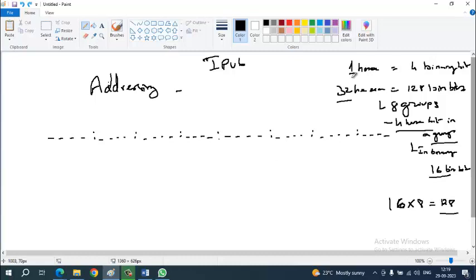How is 1 hexa 4 binary? Because 1 hexa can be 0. It can also be E. F. F is the biggest one. It can be 0 or F, which is in decimal 0 or 15.